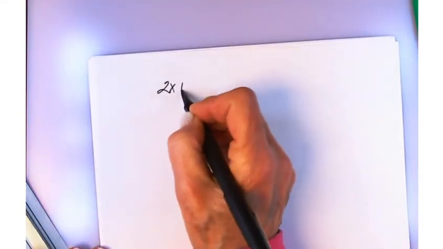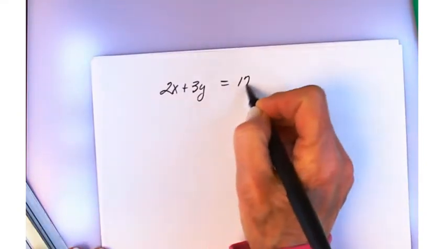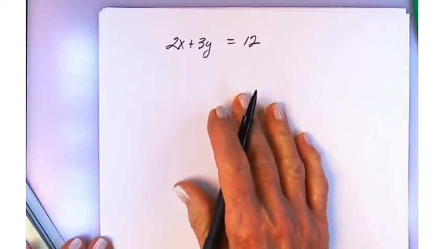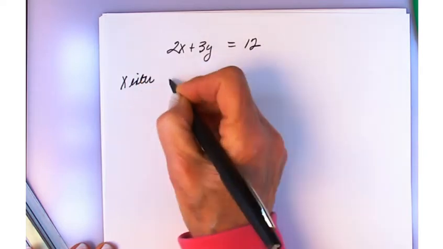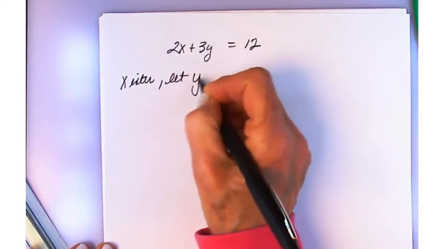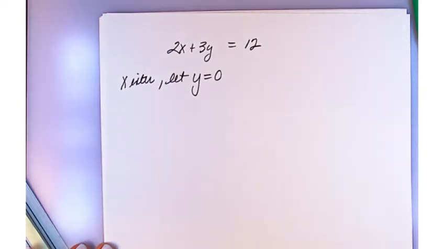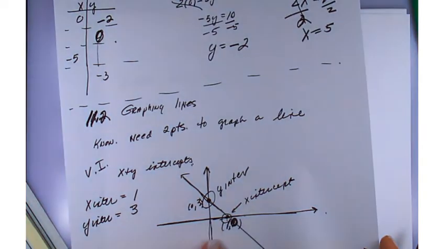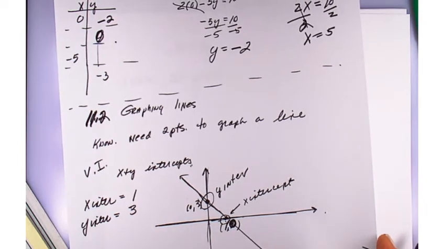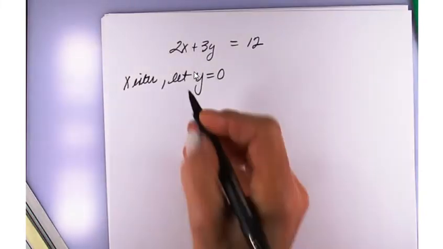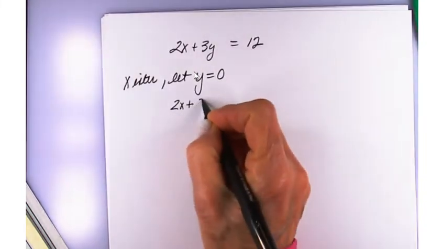Let's say we were working with this line quite a bit this morning. If the question is to find the x-intercept, what you have to do is let y equal 0, because the x-intercept is where y equals 0. So I'm going to substitute in 0 for y.